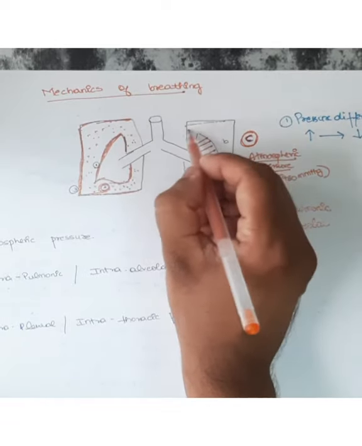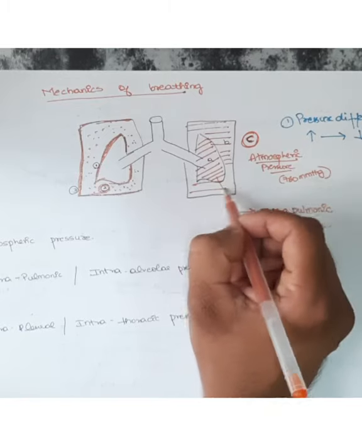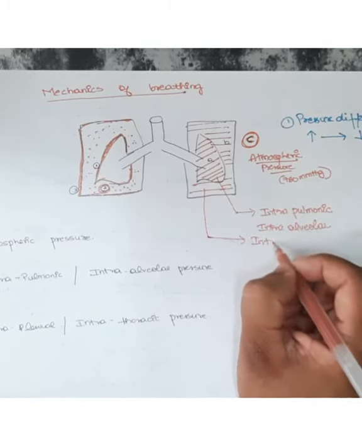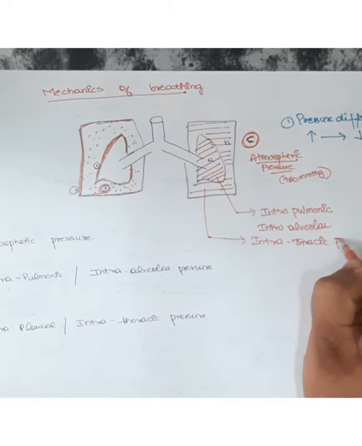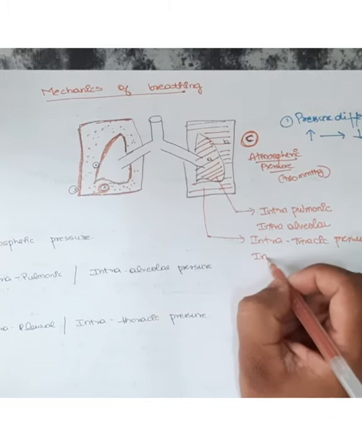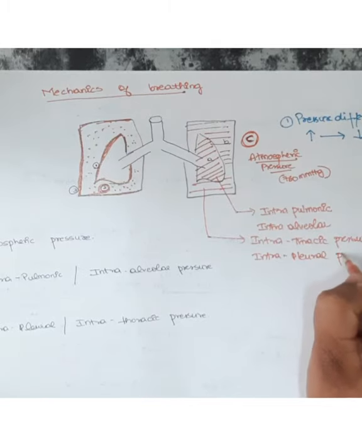The pressure that is seen in the thorax, so this is the thorax, is called intrathoracic pressure, or it is also called intrapleural pressure.